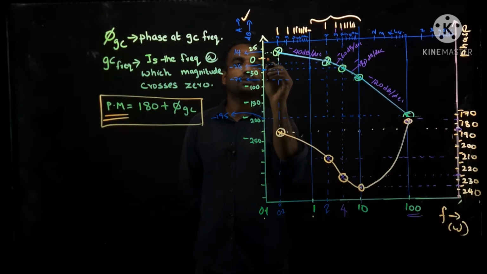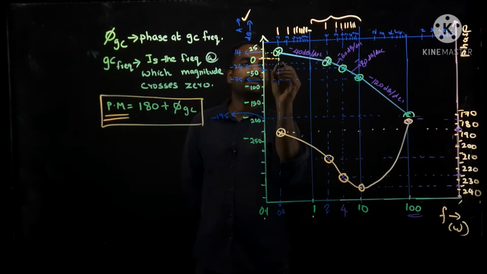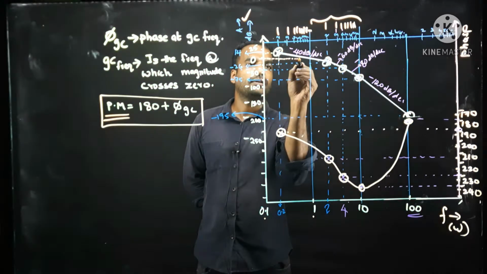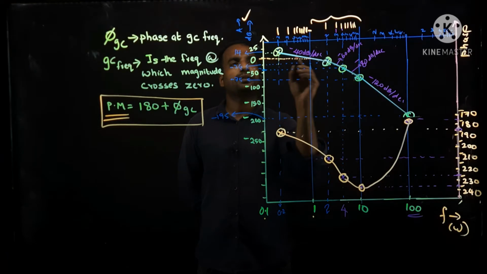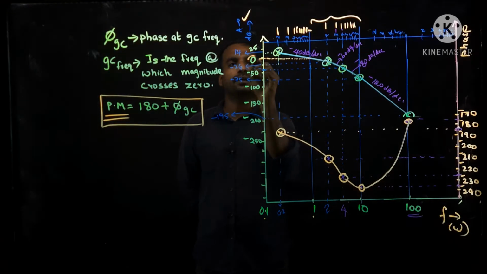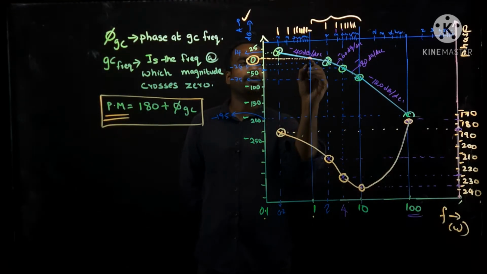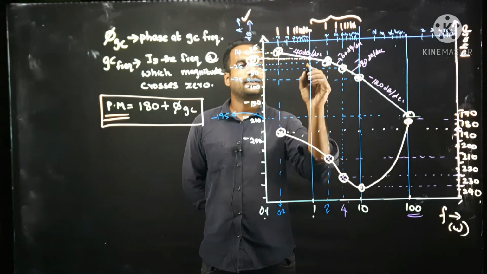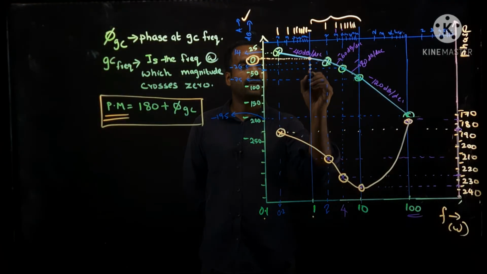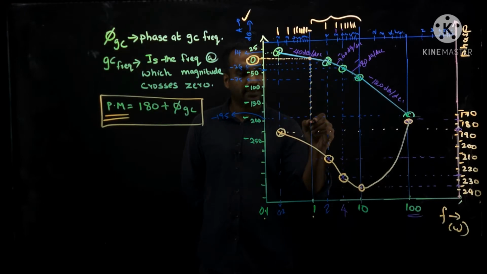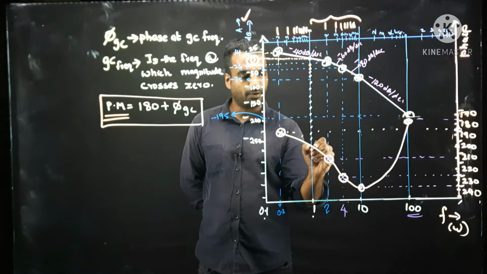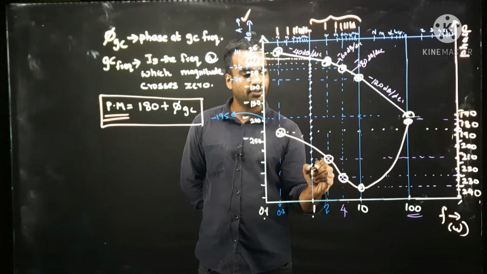So this is the 0 in magnitude. I am extending the 0 dB line to the magnitude plot. We are lucky to get an easily notable point because it is on the decade line itself.